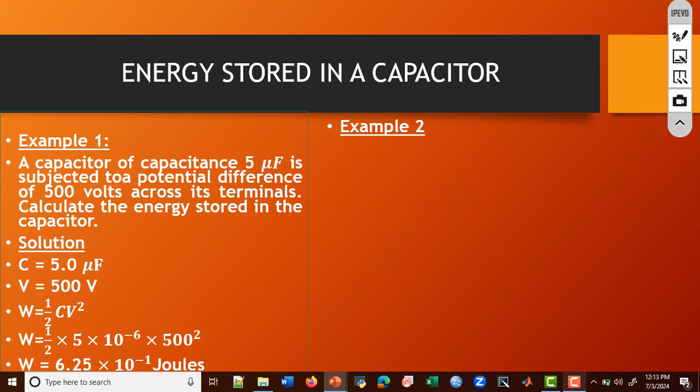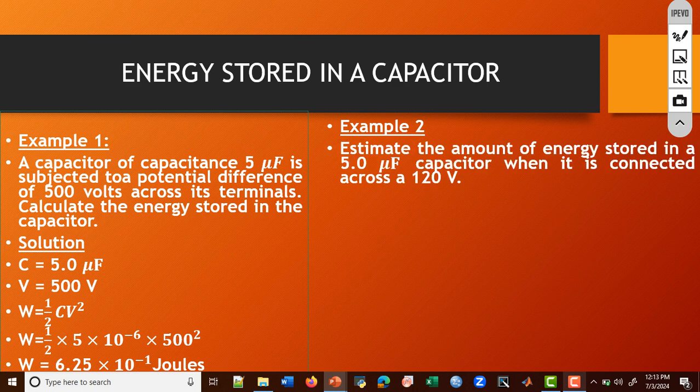Let's take the second example. This one says, estimate the amount of energy stored in a 5 microfarad capacitor when it is connected across a 120 volt potential difference. The quantities are almost the same as the other one, though the values are different.